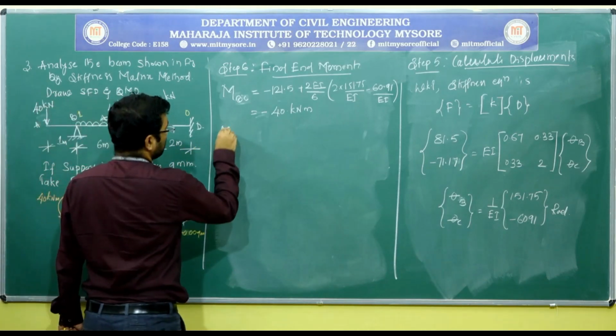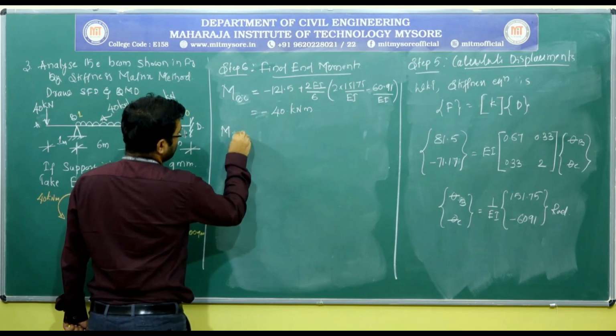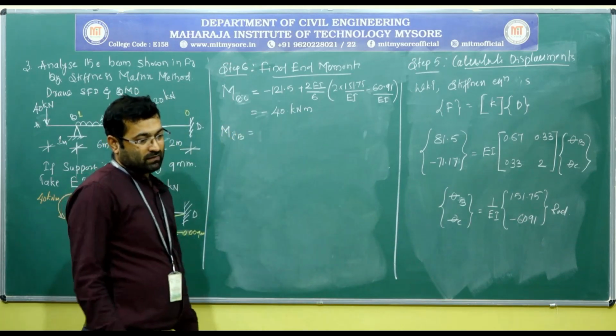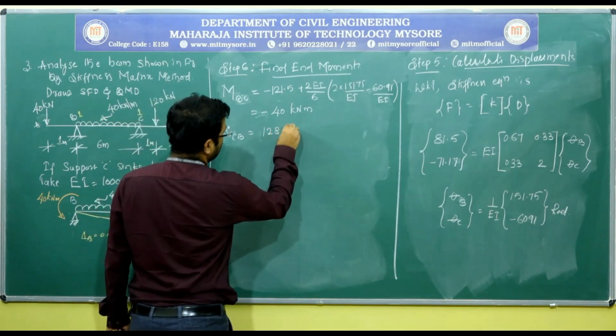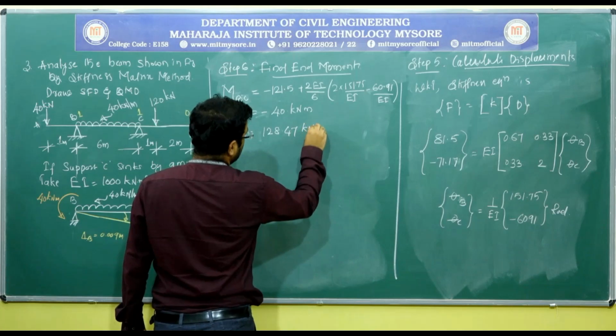Similarly, if I work out the other values, MCB I will get as 128.47 kilonewton meter.